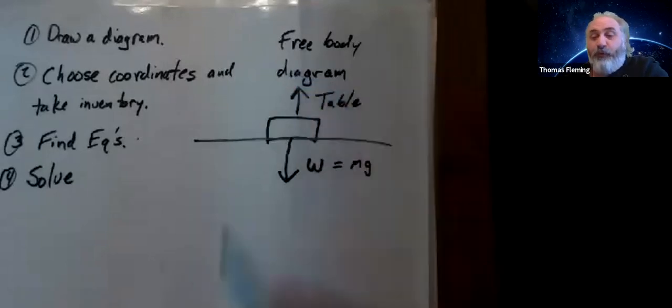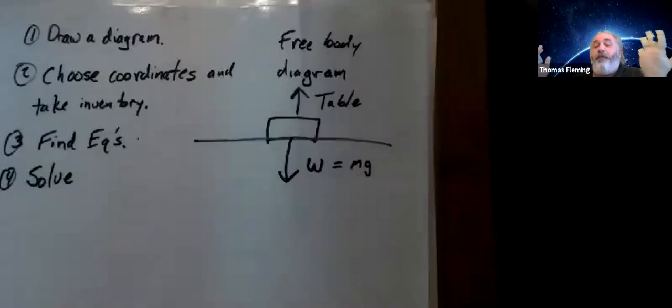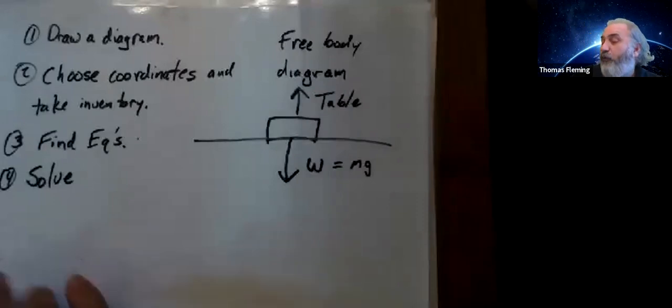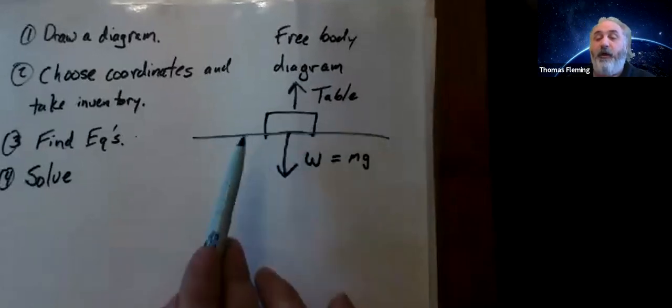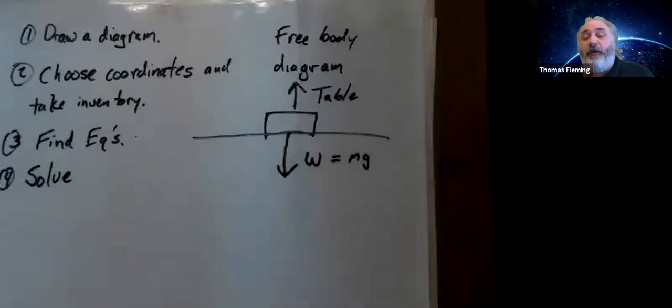Otherwise, it would be falling through the table. The table's pushing it up to prevent it from falling. So for this simplest of all possible problems, there is my free body diagram. Now, most forces are forces of contact. And right now, there's nothing else touching my book. So there should not be any other forces.